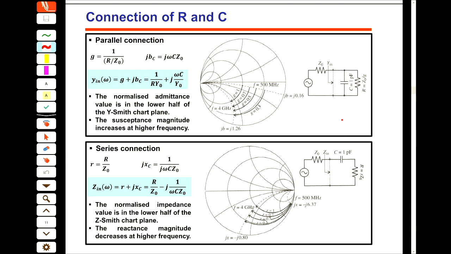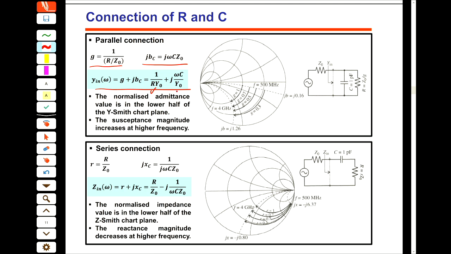So the same thing we have for the capacitance. If we have a capacitor in parallel with a resistor, as it is in parallel, we are interested in the admittance Smith chart. There we find the value for the conductance as this value and the susceptance as this value, and the whole admittance comes from here.